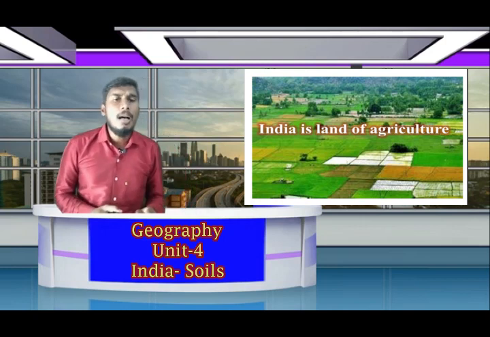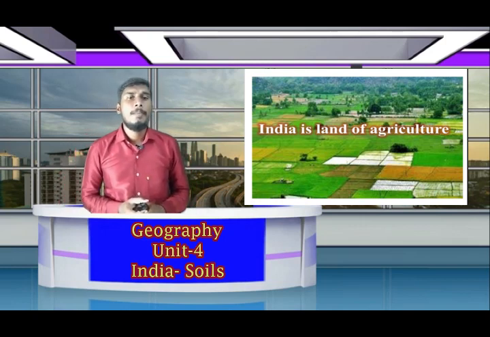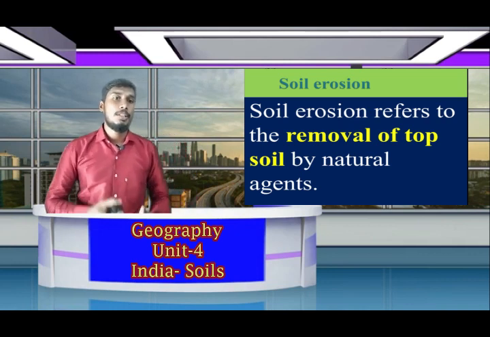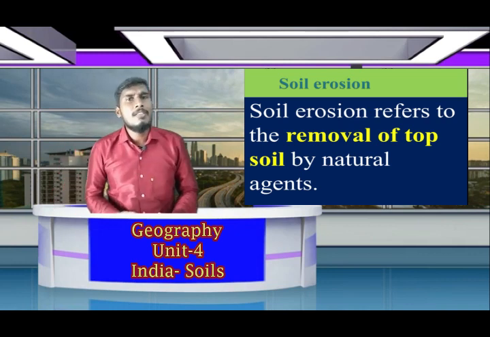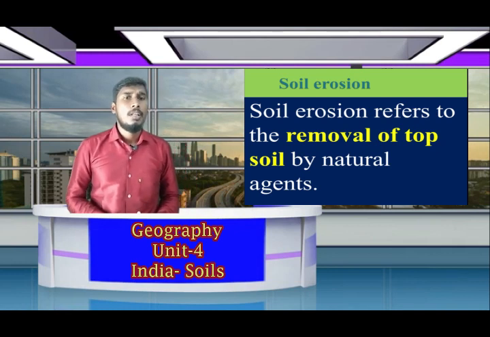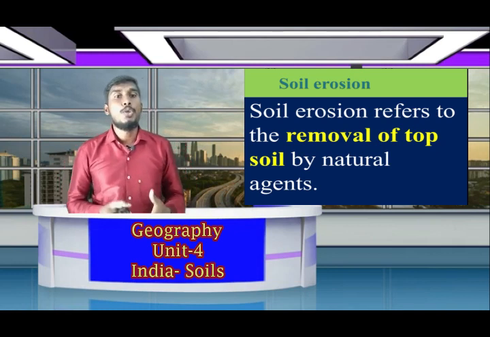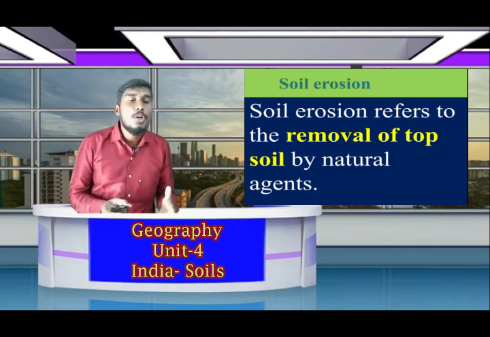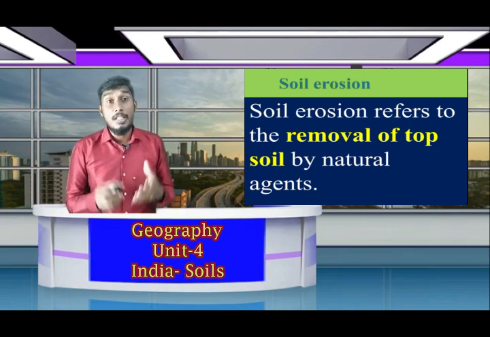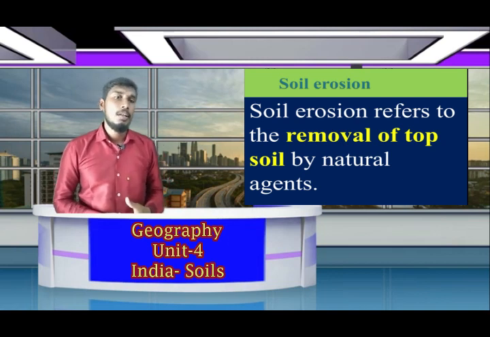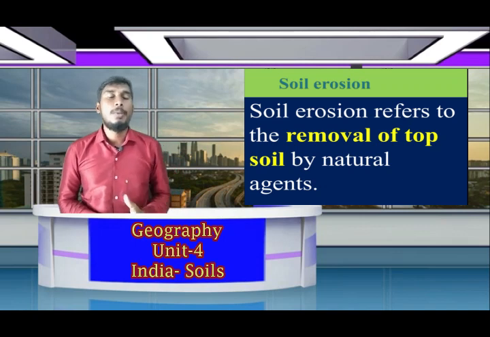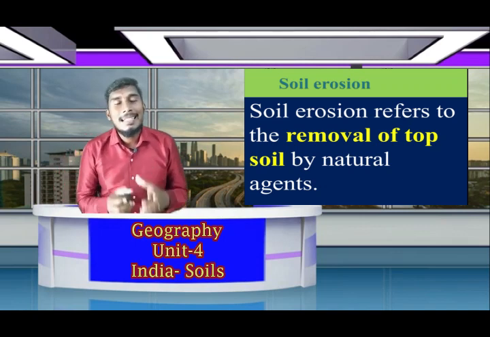Why we have to preserve soil? The reason is there is a soil erosion. What is the meaning of soil erosion? The soil erosion refers to the removal of topsoil by natural agents. It is called as soil erosion. Hence, our soil has to be preserved or conserved.